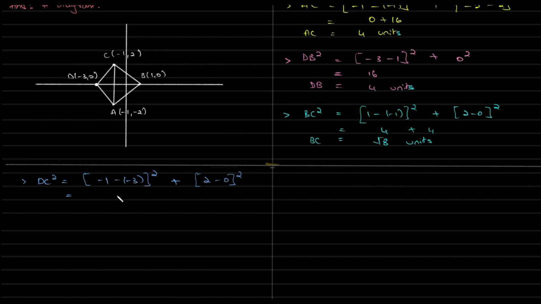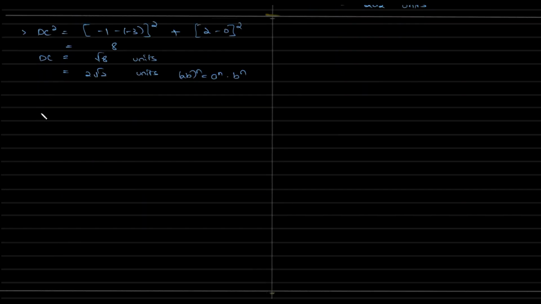So this is 4 plus 4, 8, right? So DC is equal to square root of 8 units. Actually, we can further reduce this to 2 root 2 units. The formula is (ab) to the power of n is a to the power of n into b to the power of n. And yes, the diagonals are equal and the adjacent sides are equal.